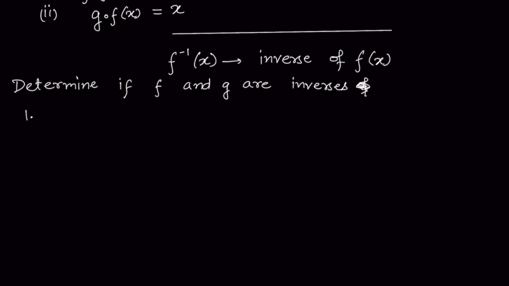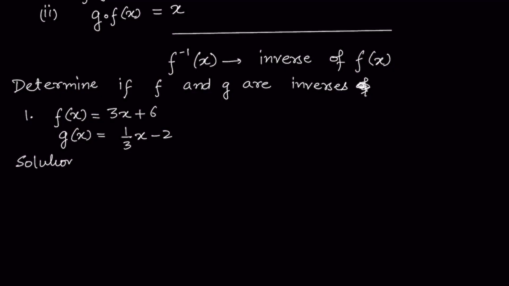Our first example is f(x) is 3x plus 6 and g(x) is 1 over 3x minus 2. So what we will do is calculate f composition g and g composition f. f composition g by definition is f evaluated at g of x.